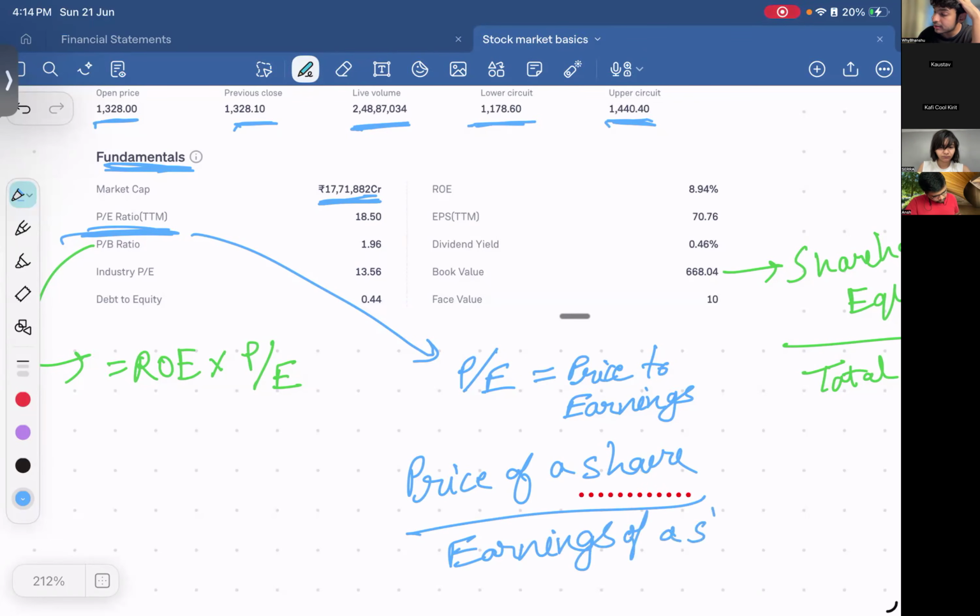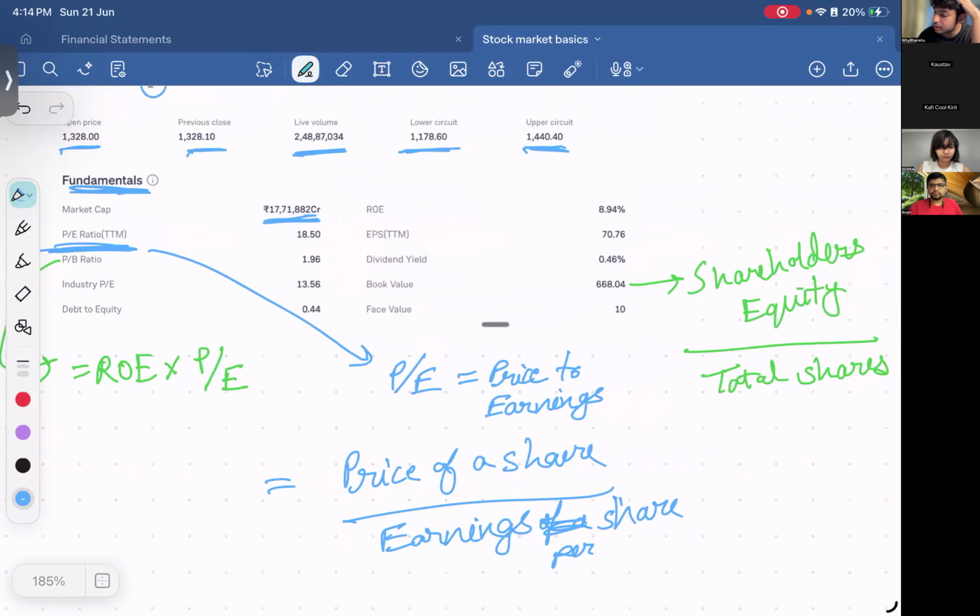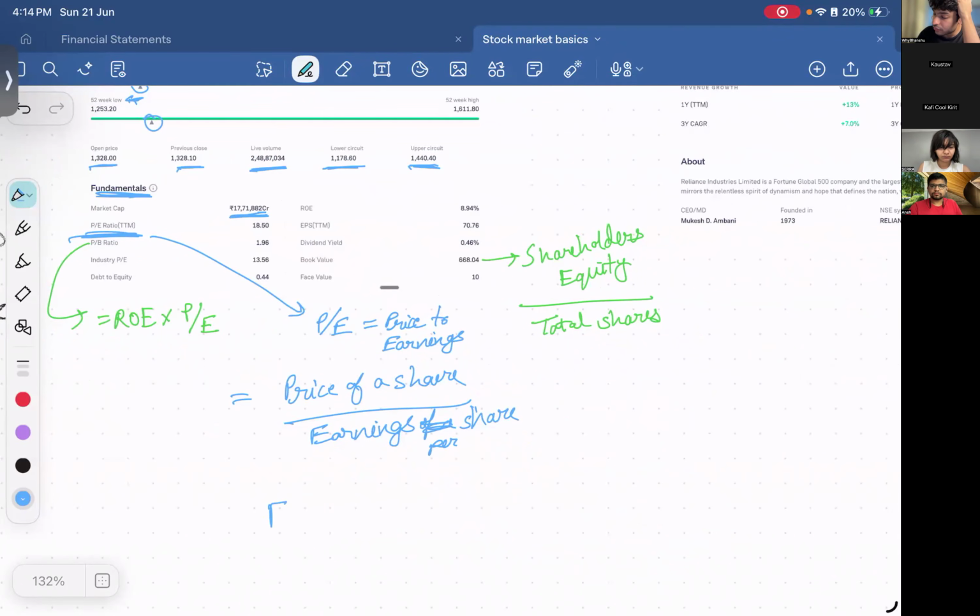How do you get earnings per share? Again, very simple. You take earnings, which is essentially your net profit, the last line item of your profit and loss statement, and you divide it by the number of shares.